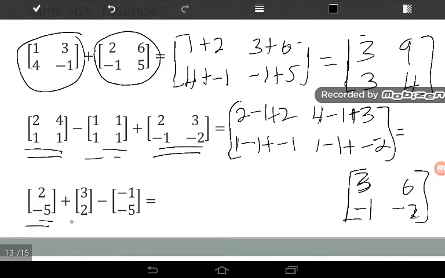a 2 by 1 matrix plus a 2 by 1 matrix and minus a 2 by 1 matrix. So you have 2 plus 3 minus negative 1, then negative 5 plus 2 minus negative 5.